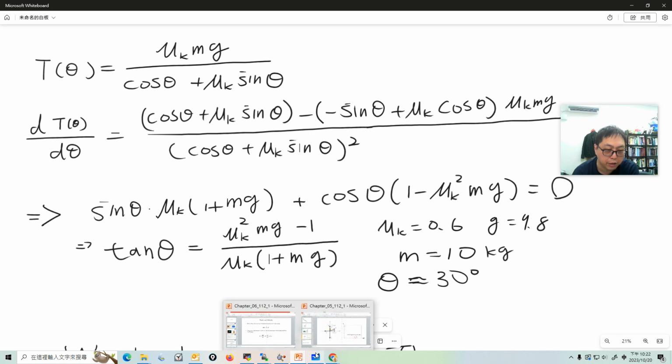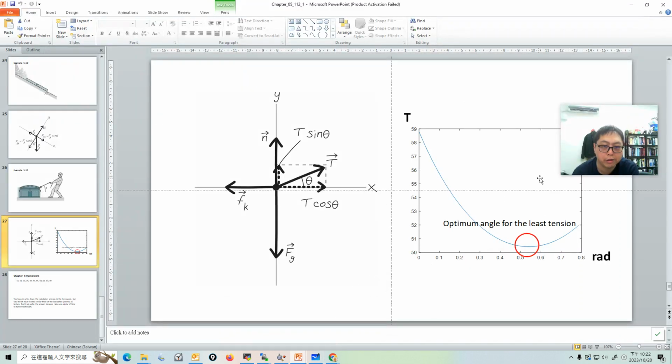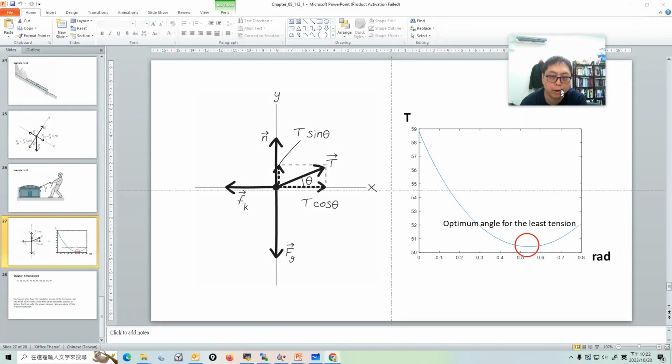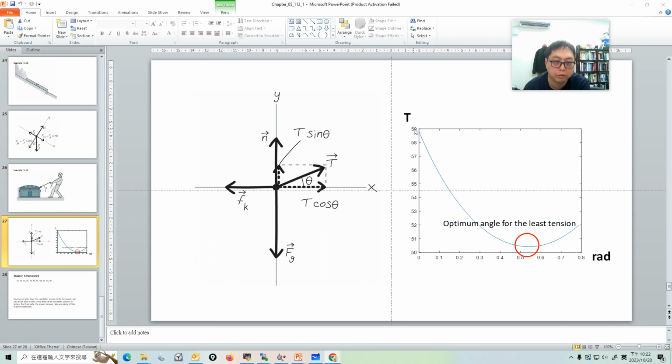You can also draw this graph with a computer program. T is really a function of theta, and there is a minimum, an optimum, least tension in this problem. That's a very interesting problem.